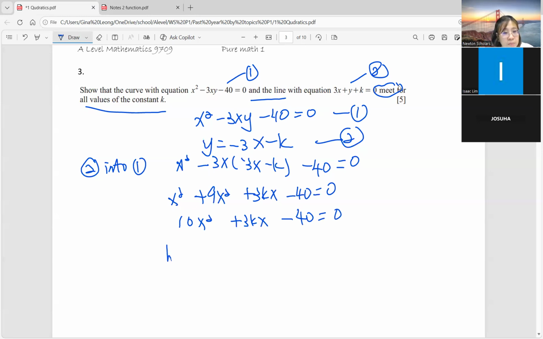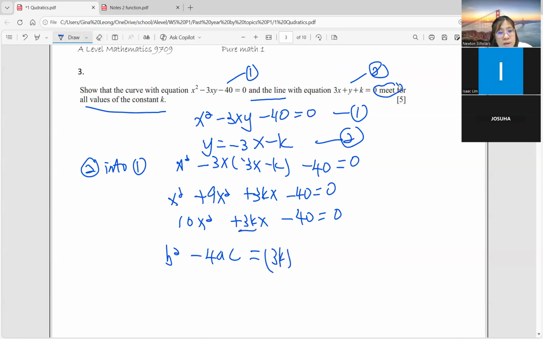Okay, start from here, b squared minus 4ac. When he said that he meet, I just put as equal first, equal to the value. So your b is actually this one, so 3k squared minus 4ac. I get 9k squared plus 1,600.